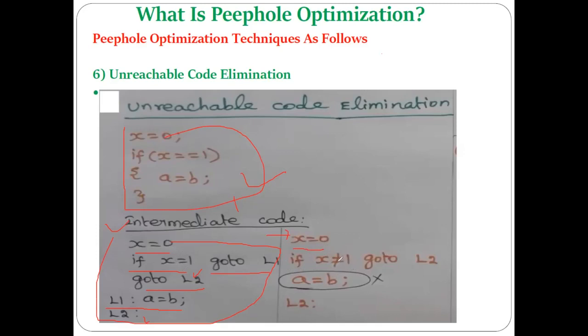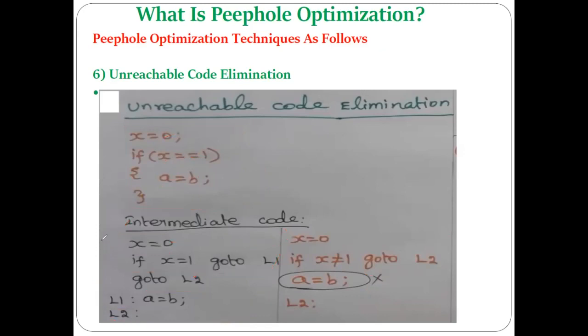Because this is unreachable code, there is no need to go to this part. What is a equal to b? Unreachable. So directly you need to go to L2.